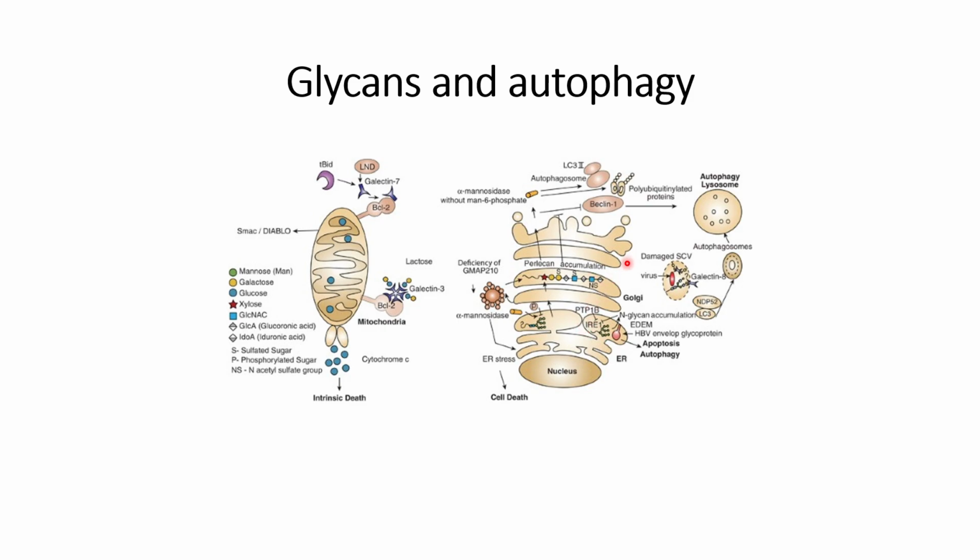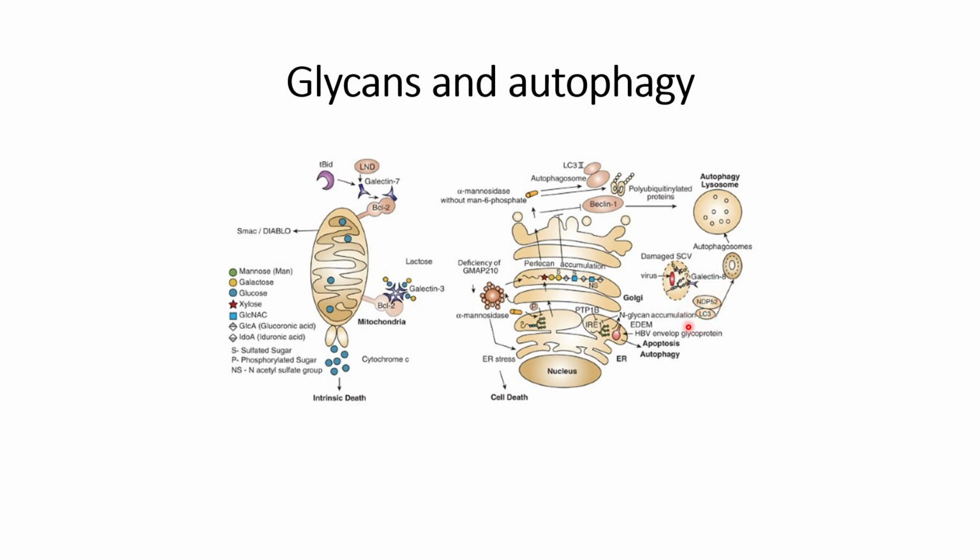When this SCV reaches the endoplasmic reticulum, the galectins will interact with the glycans, and they are decorated with the glycans. At the same time, the galectin helps them get decorated with the host glycans, and thereafter it will form a complex with NDP2 and LC3.